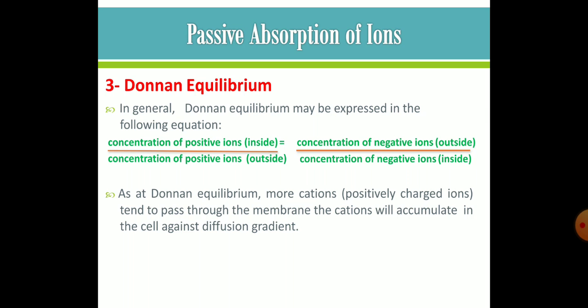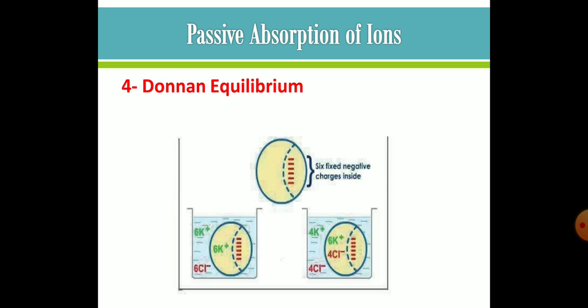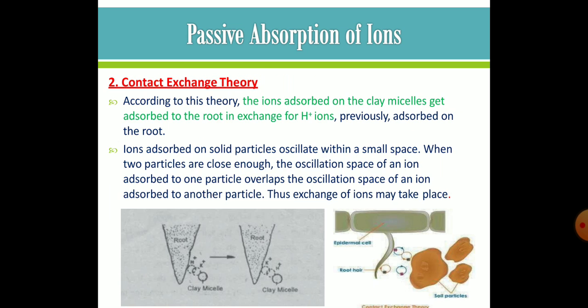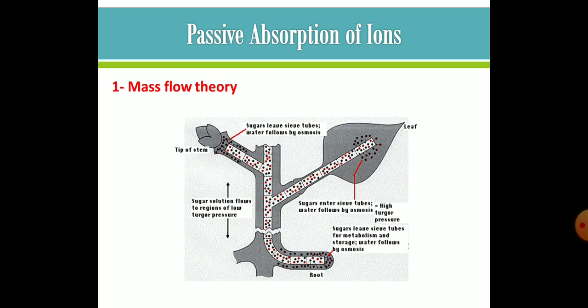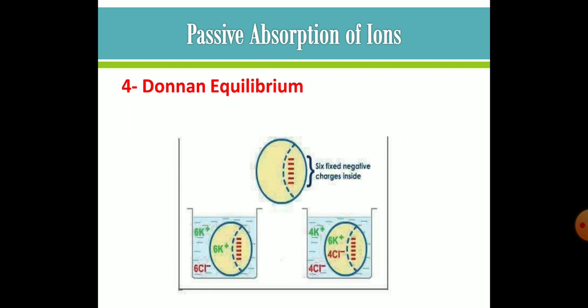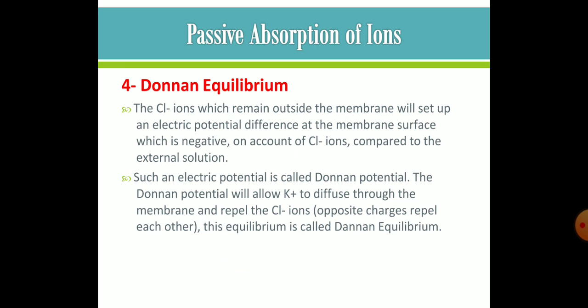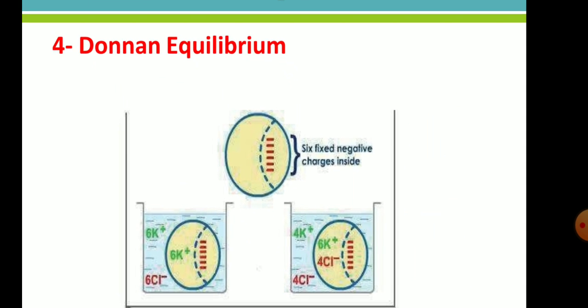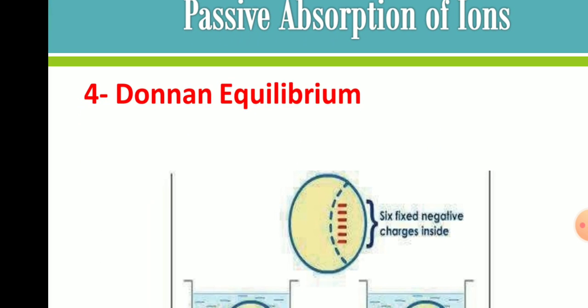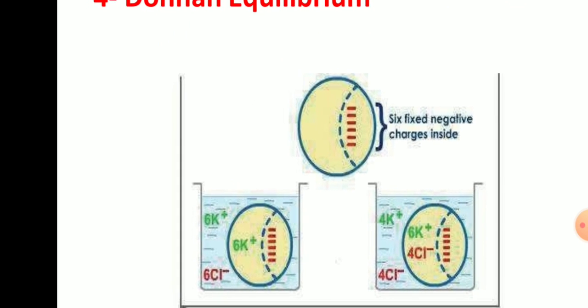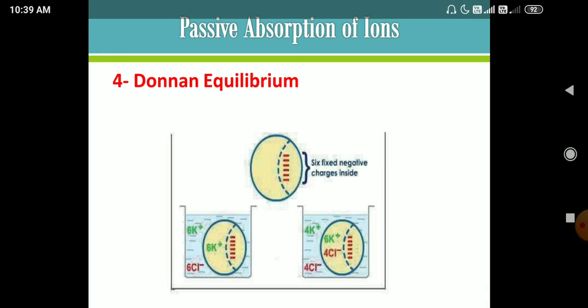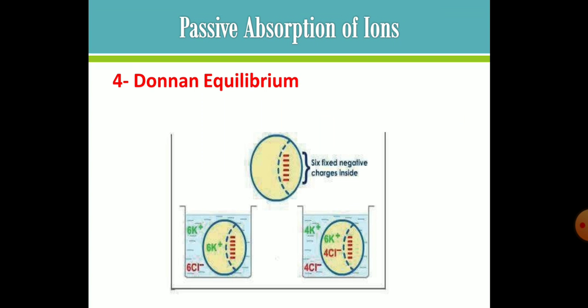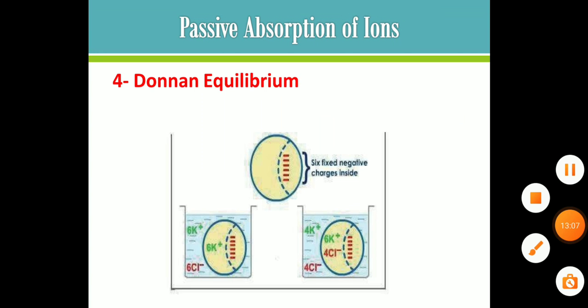Those are the Donnan equilibrium, the carbonic acid theory, the contact exchange theory and the mass flow theory. All these theories explain how the passive absorption of mineral nutrients takes place. This diagram simply explains the complete mechanism of the Donnan equilibrium and the other theories explaining the transport of minerals in the plant.